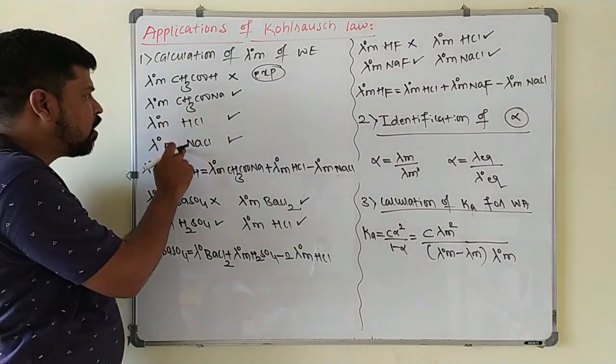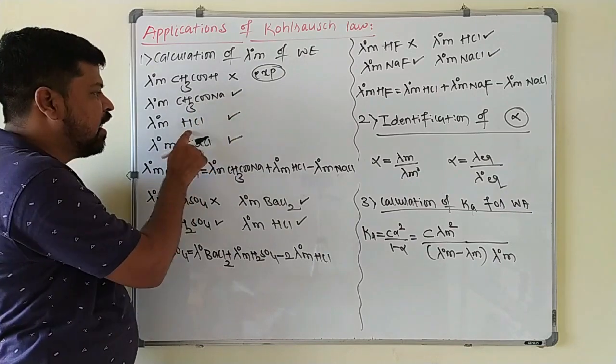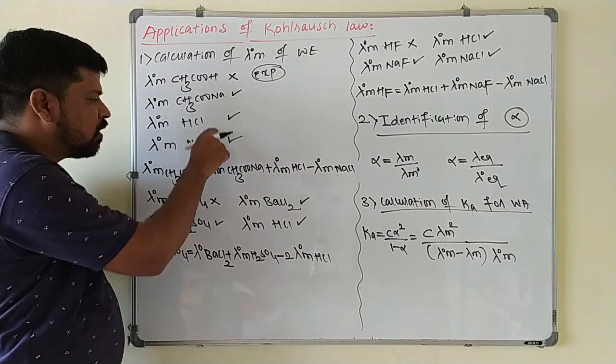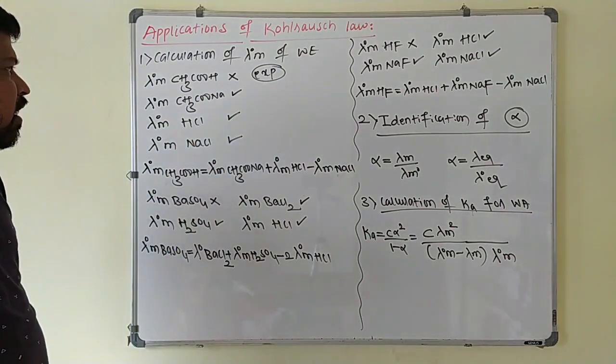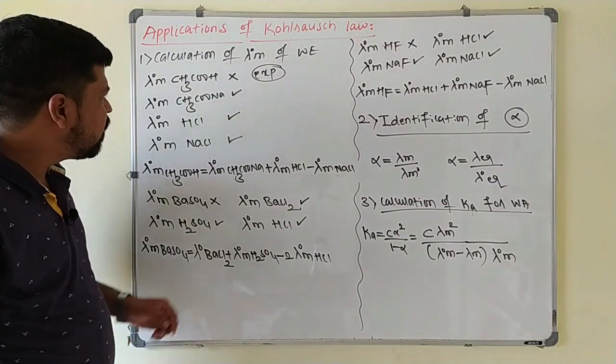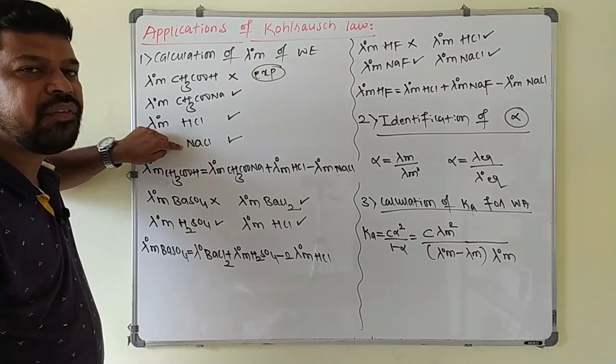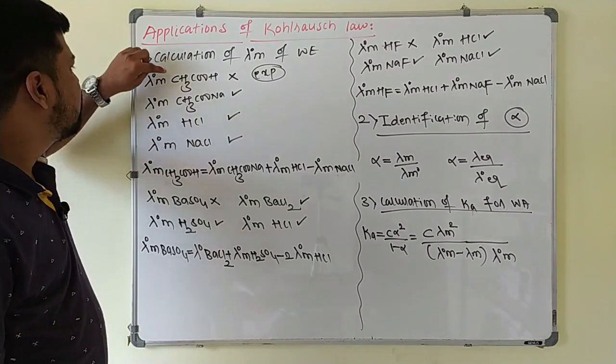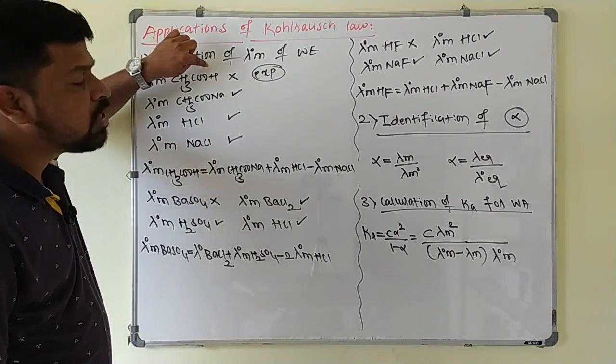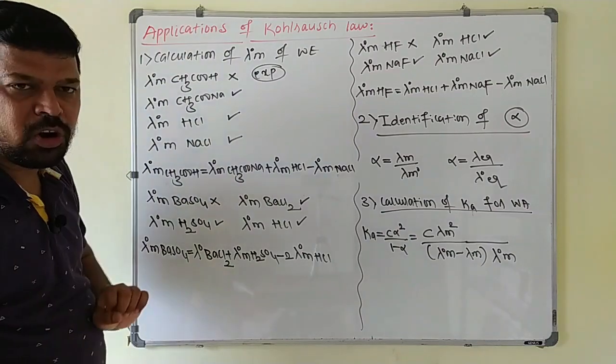But for strong electrolytes like CH3COONa, HCl and NaCl, we can calculate limiting molar conductivity, and using these values we can calculate that of the weak electrolyte by Kohlrausch's law.